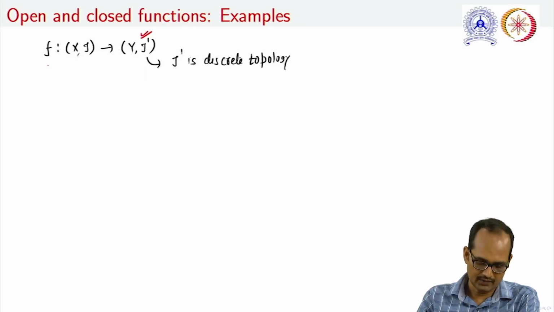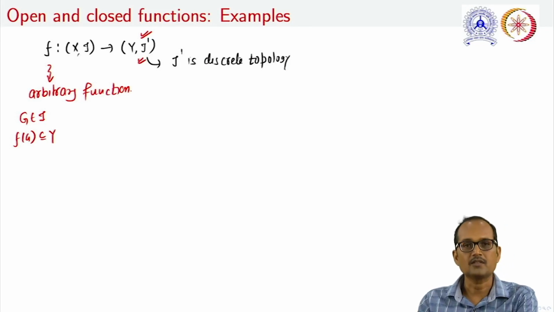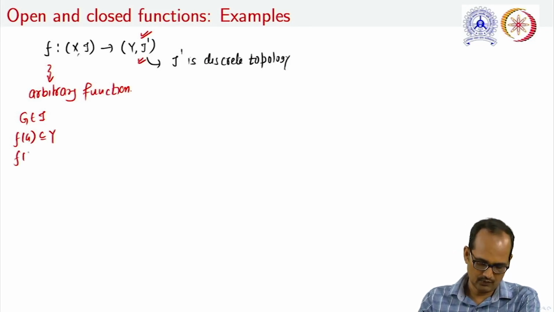Note that this f is an arbitrary function. Now, if we take any G belonging to tau, what about f of G? This is a subset of Y. Note that the topology on Y is the discrete topology. Therefore, f of G belongs to tau dash. Therefore, f is an open function.